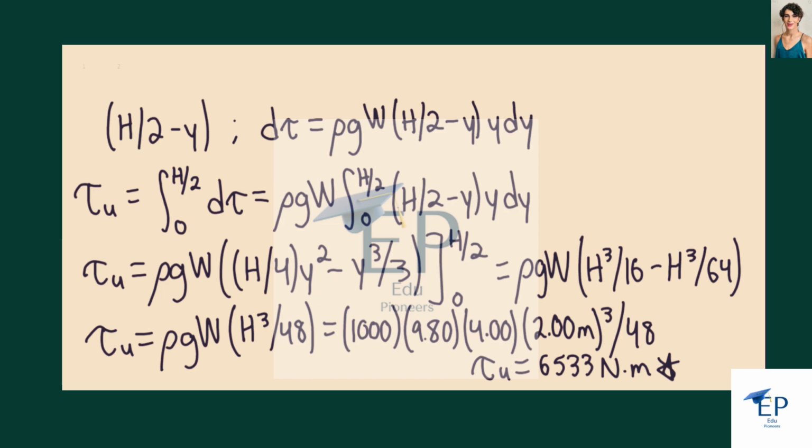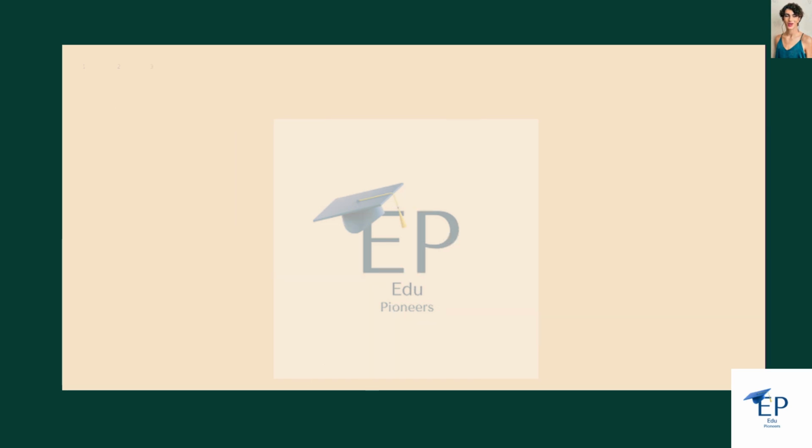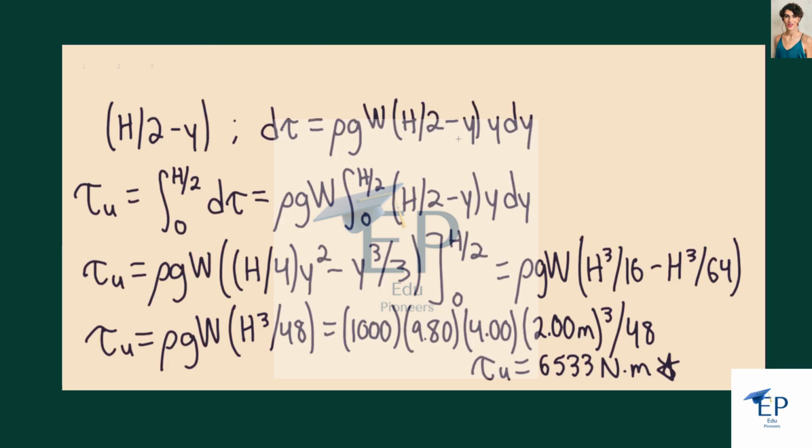We're going to be saying that tau sub L would be, again, essentially the exact same thing. However, now we consider a narrow strip on the lower half, but now the depth of the strip is not h over 2 minus y.